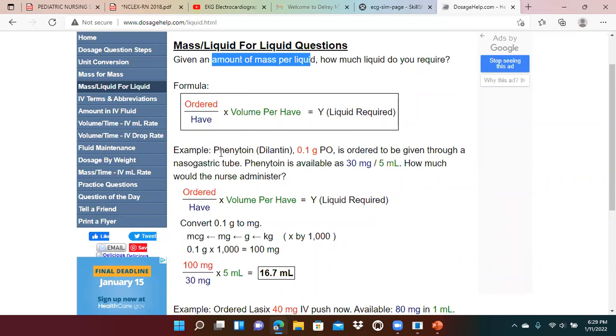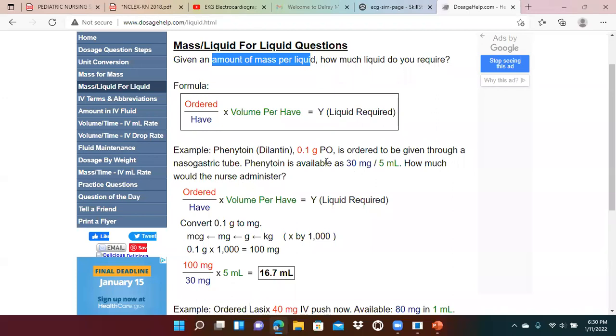So example, phenytoin, or another name, Dilantin. 0.1 gram orally is ordered, so the doctor's order is 0.1 gram, to be given through a nasogastric tube. Phenytoin is available as 30 milligram per 5 ml. So it is liquid volume per what we have. How much volume would the nurse administer?